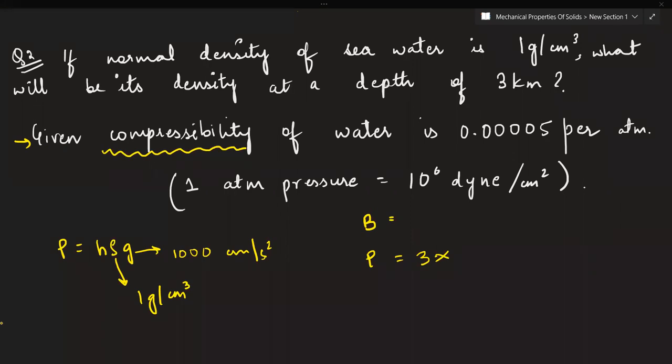Ma'am, bulk modulus is 1 by 0.00005. Yes, that would give you some amount in atmosphere, ATM. Just calculate the reciprocal. That would be, I think, 2 into something ATM. Then just convert ATM into this. Multiply that term with this.